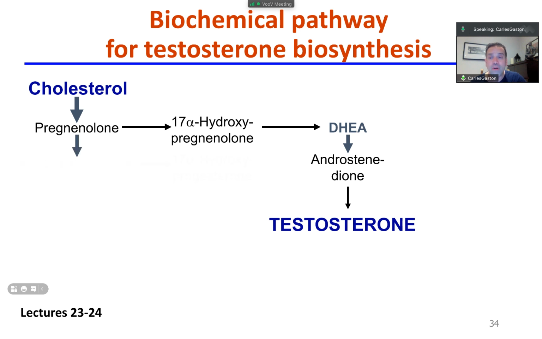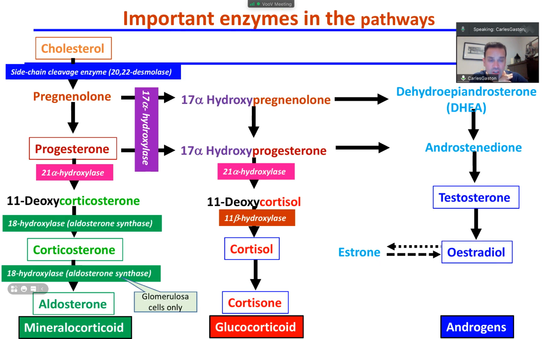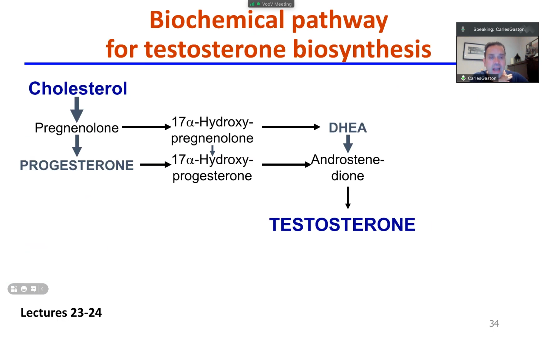Also, pregnenolone can give rise to progesterone, and through the same enzyme, 17-hydroxyprogesterone can give rise to androstenedione. Okay, and those are the main mechanisms for the formation of testosterone.